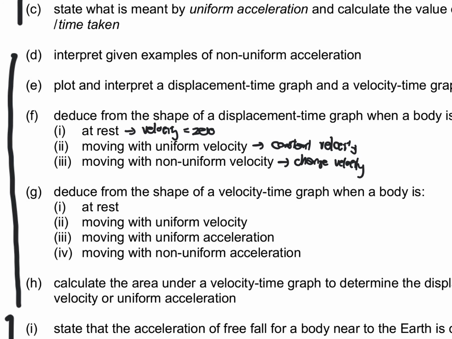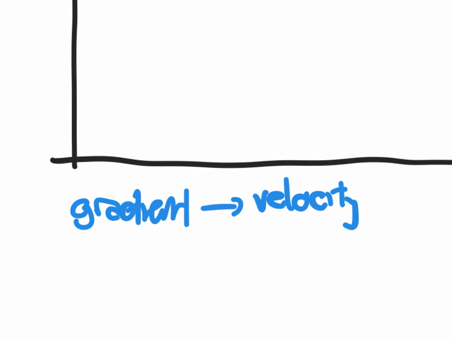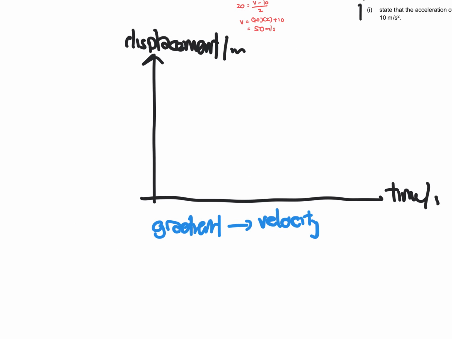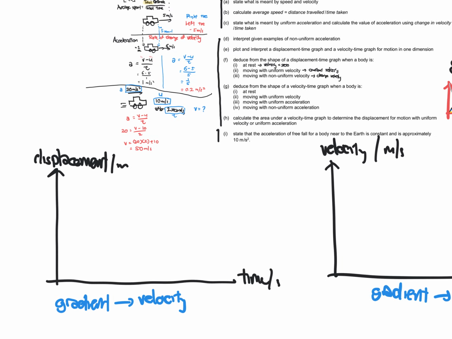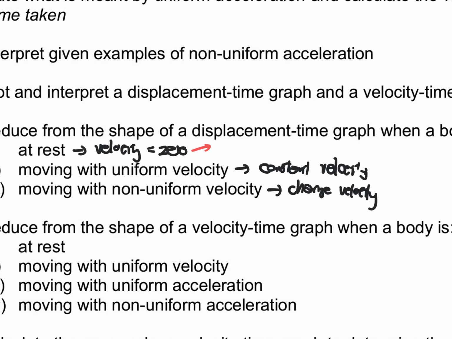Now, interesting. If we were now to go and look at what we said before, that when I'm looking at displacement time graph, gradient tells me velocity. I could actually just change all this to, hey, this over here is 0 gradient, correct? I will have a graph that looks like a 0 gradient graph. If it's constant velocity, it will tell me that it's going to have a constant gradient, right?